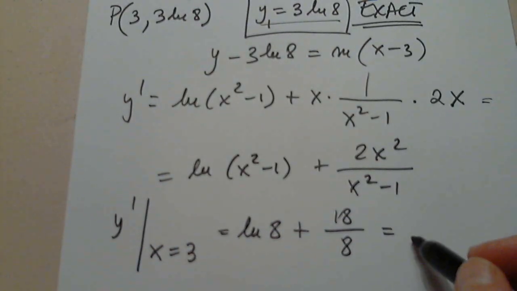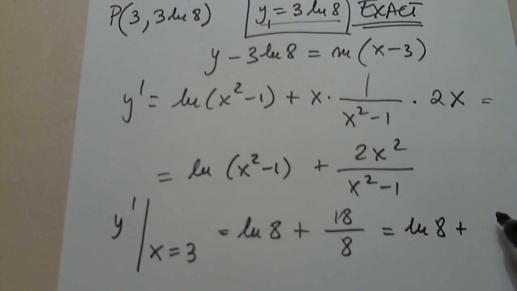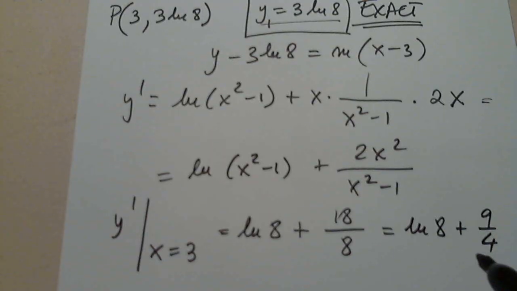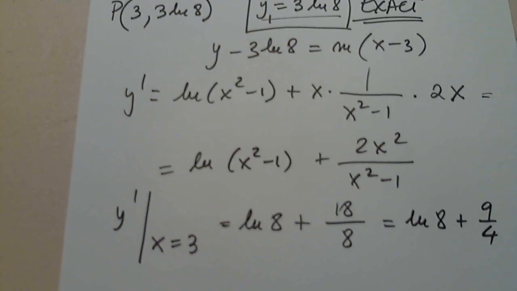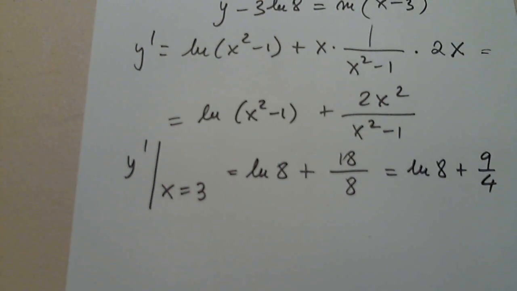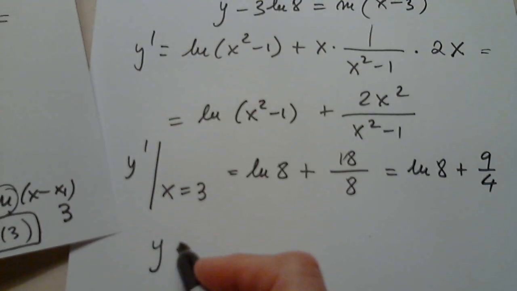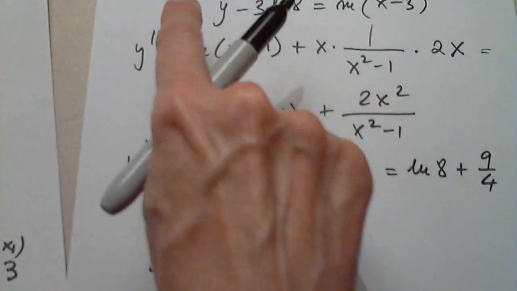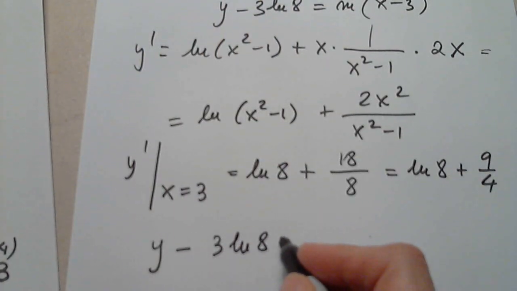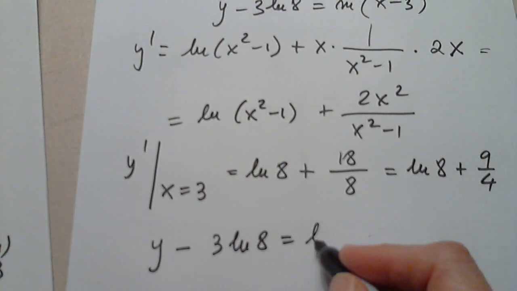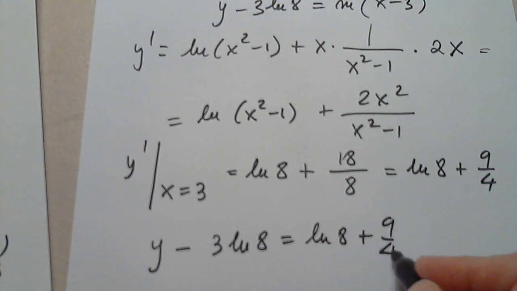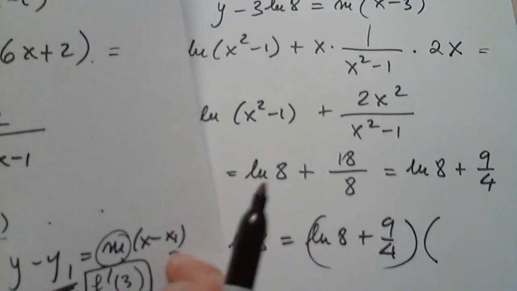So the slope is natural log 8 plus 9/4. Terrible, but this is what I have to use. So coming back to the equation, y minus y1, here's y1, 3 natural log 8 equals the slope, natural log 8 plus 9/4, times x minus 3.